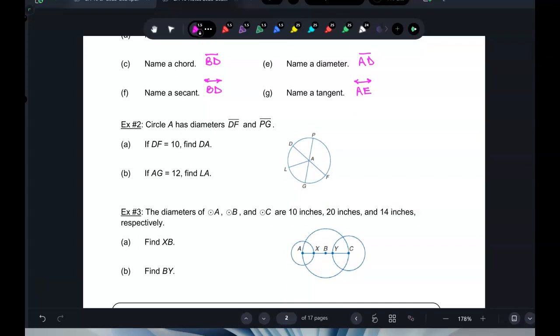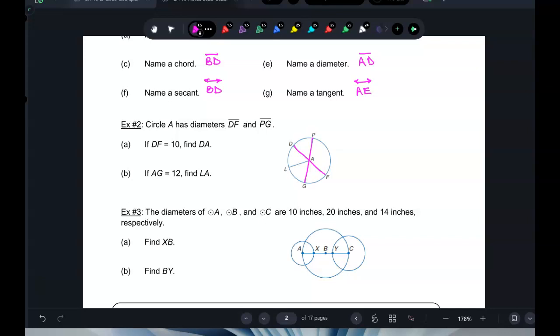All right, so circle A has diameters DF and PG. So that means this going all the way across and this going all the way across, those are diameters. So if DF is 10, PG would also be 10.